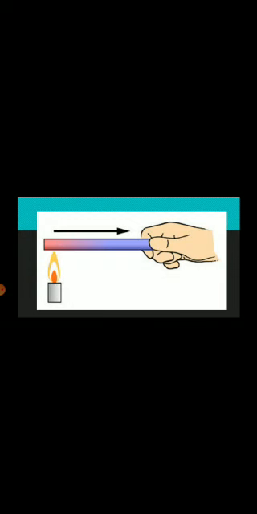In this way, from one end of the rod to the other end, heat energy is transferred. This process is conduction. So how to define conduction? The process of heat transfer from one molecule to another without actual movement of the molecules is called conduction.